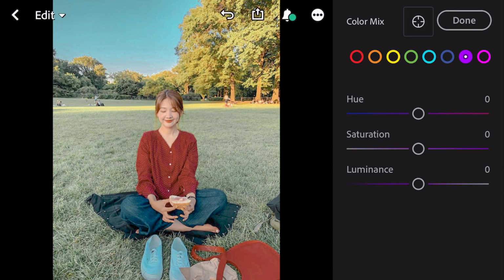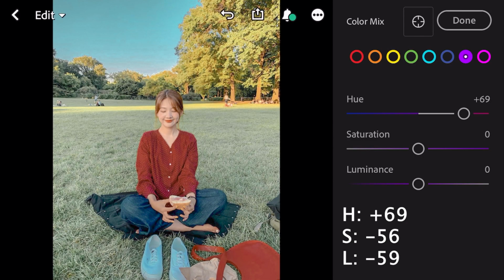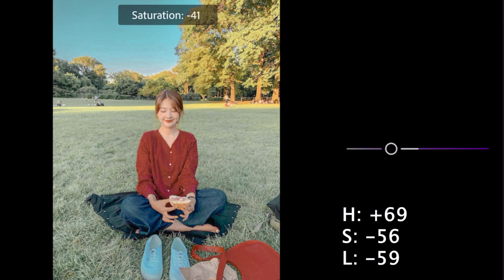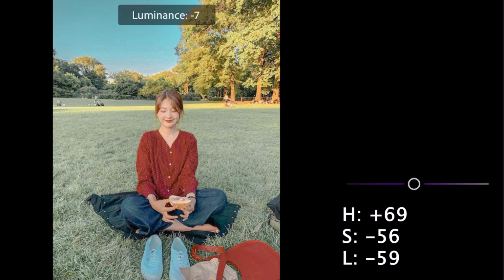Go to purple. Hue plus 69. Saturation minus 56. Luminance minus 59.